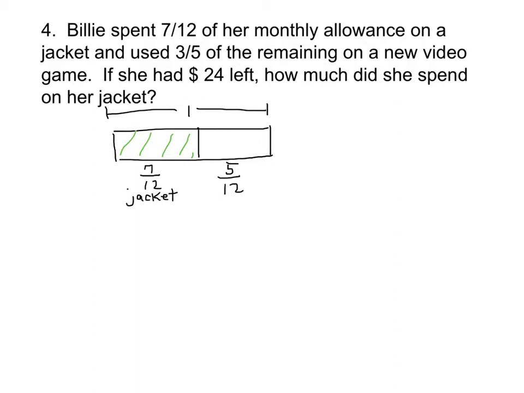Now it says of that remainder that she had left, she used 3/5 of it on a new video game. So I'm going to take this 5/12 and actually go ahead and draw it out. So that's 1, 2, 3, 4, 5. Sorry, my proportions are a little off, but it is 5/12 of what was left.